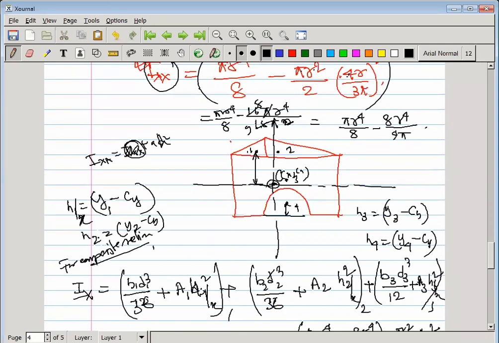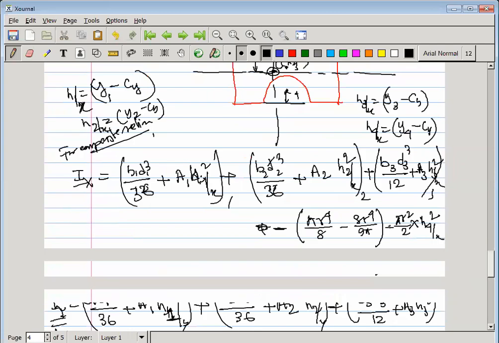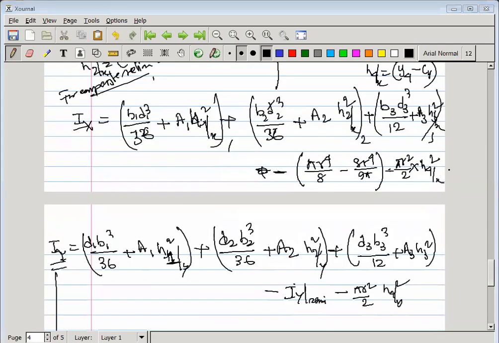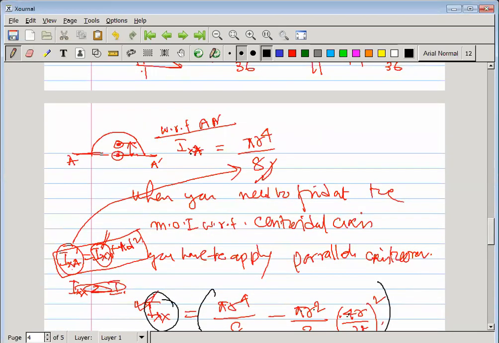So Ixx you have found out. Similarly you have to find Iyy for this semicircle, as I wrote here, I of y for the semicircle. You only put this value here. So πr² you know, and Ixa you calculate in a similar manner.